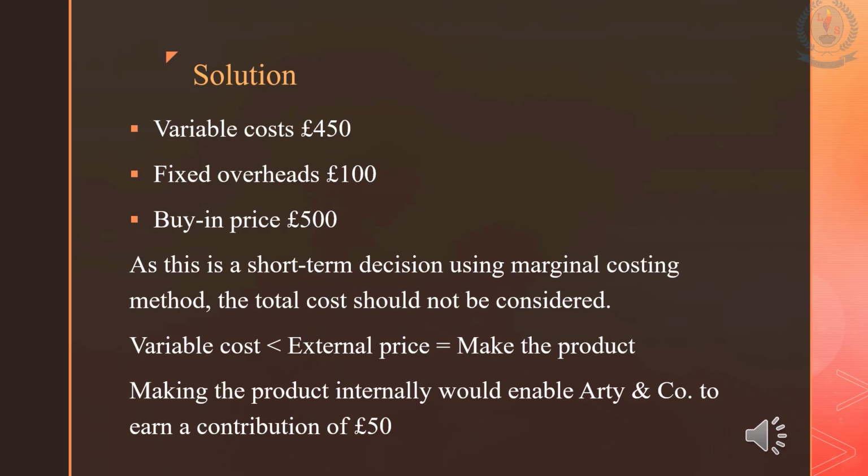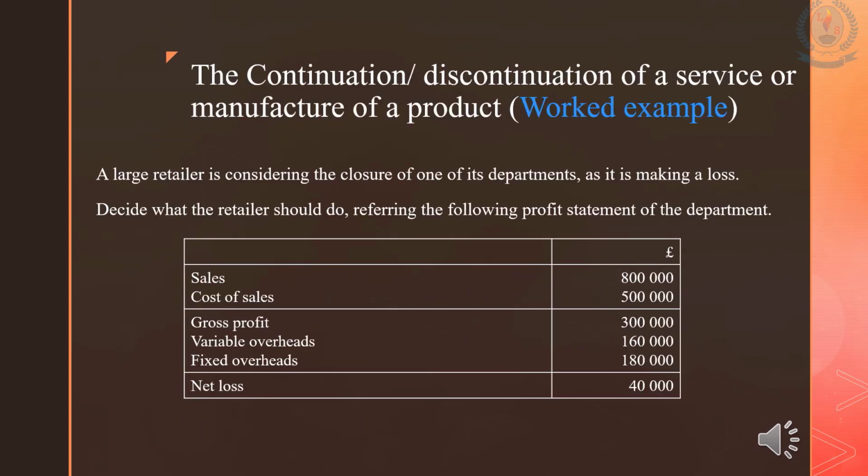However, there are other considerations if RTN company decides to buy from outside, such as the qualitative factors, that is, factors not expressed as numbers, and the opportunity cost. These considerations might include the effect on competition, the effect on staffing, whether quality may be affected, how suppliers are affected, whether the customer is dependent on the product, future orders from customers, the continuation or discontinuation of a service or manufacture of a product.